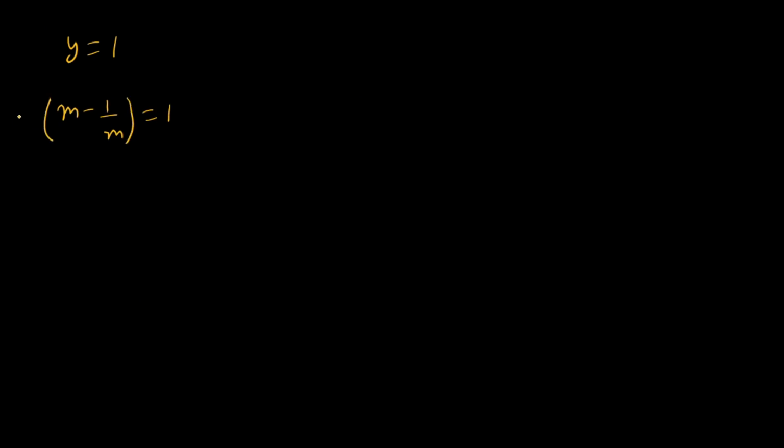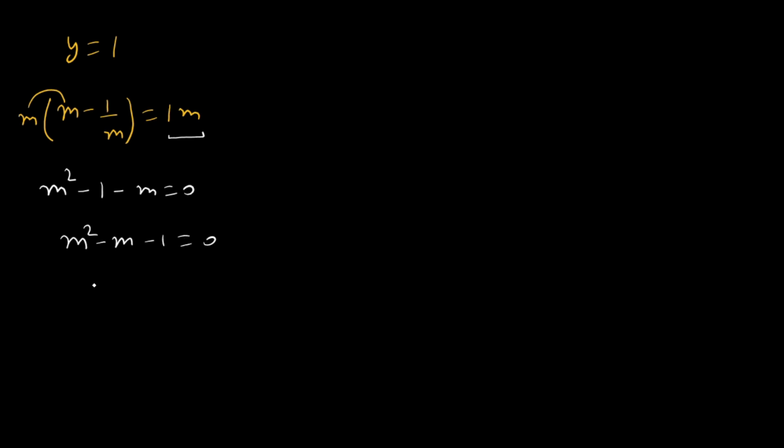Now if we multiply both sides by m, then m times m is m square, minus m times 1 over m, m and this m are cancelled out, then here minus 1, and this m if we take to the left hand side, then minus m, equals 0.